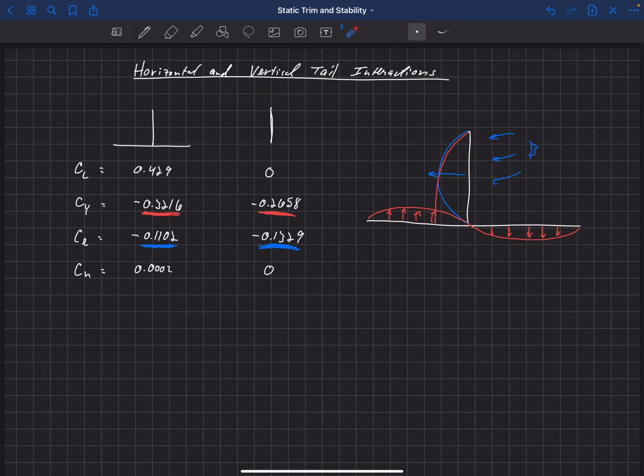So we have an equation from lifting line theory that can tell us what the lift slope of a wing is, CL alpha, and it's a function of the CL alpha tilde, or the two-dimensional airfoil section lift slope, and it's a function of the geometry, so the aspect ratio and the taper ratio, and you can compute all that from lifting line theory. And so basically what he says is we're going to come up with an effective aspect ratio that is greater than the actual aspect ratio of that vertical tail, and that increase in effective aspect ratio is due to this large winglet, so to speak, that's acting here.